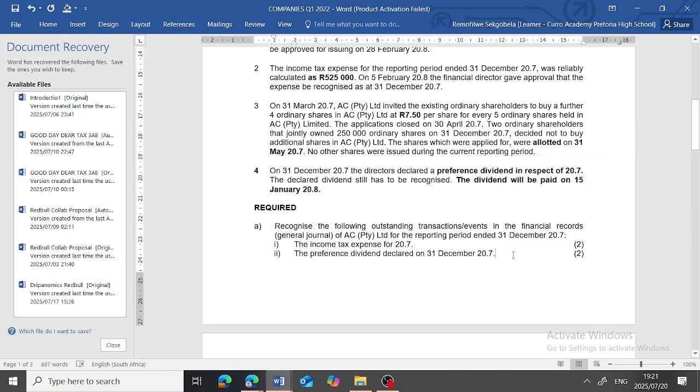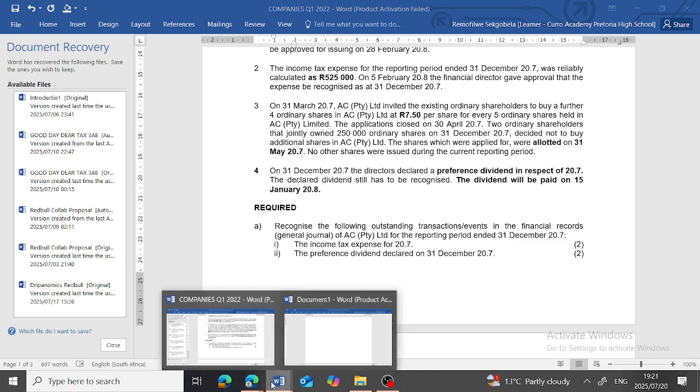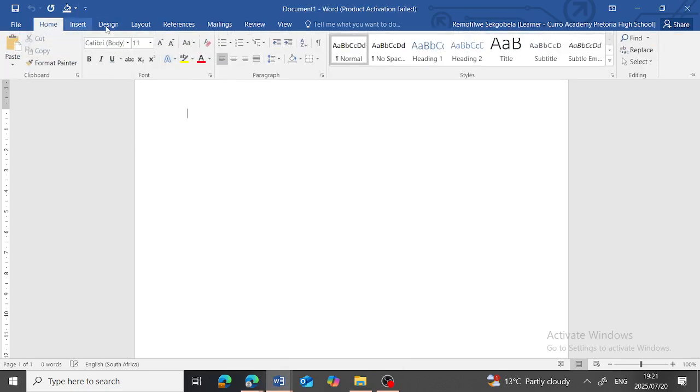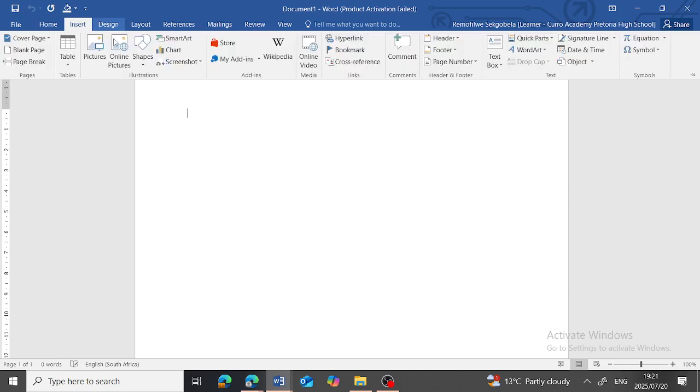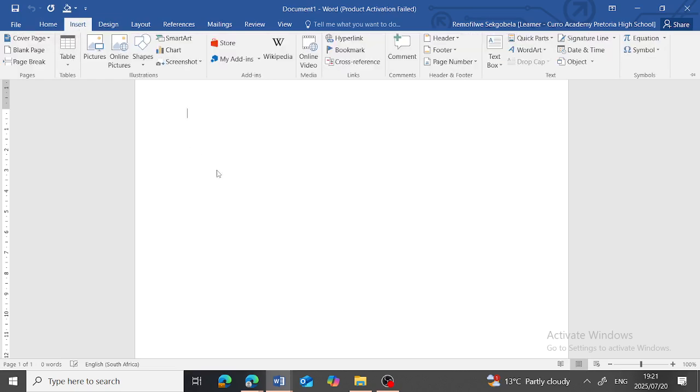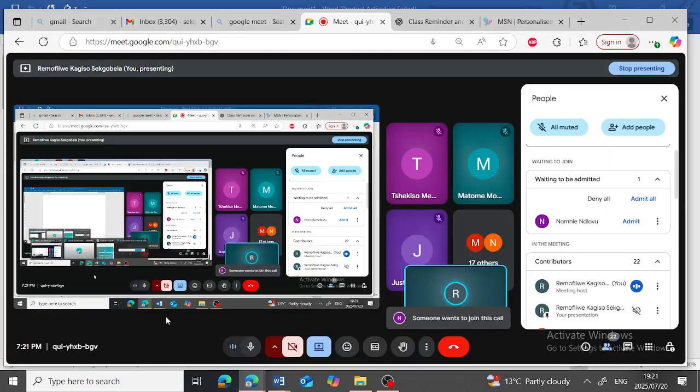So what do we need to do? We need to calculate the preference dividend and the income tax expense. With the income tax expense, when we are journalizing, what do we need to do, guys? For those that have been paying attention since February, March, what do we need to do when we're journalizing? It's very simple. When journalizing, what's the first thing we do, guys?